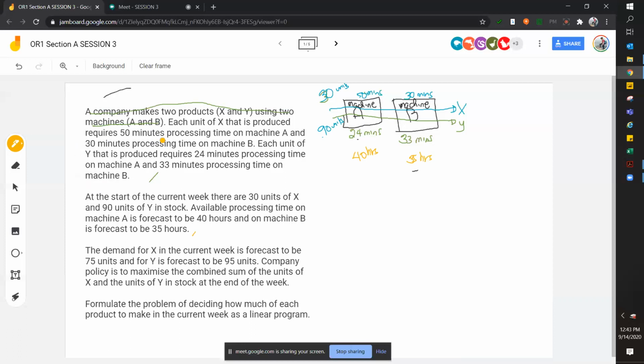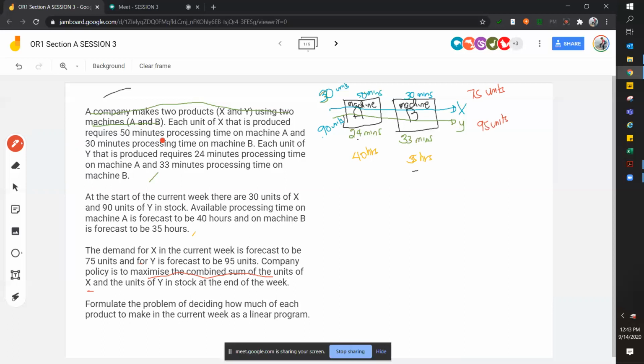The demand for X in the current week is forecast to be 75 units, and for Y, 95 units. The company is to maximize the combined sum of the units of X and Y in stock at the end of the week.